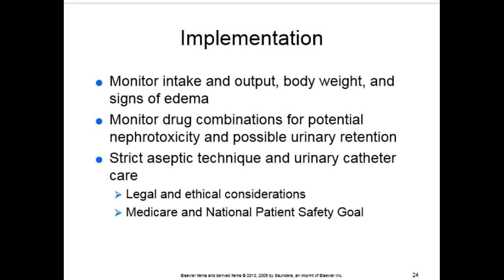As far as legal and ethical concerns, urinary catheters are one of the most common causes of healthcare associated infections. In 2011, there were over 93,000 urinary tract infections in hospitalized patients, and 75% of those were catheter related.